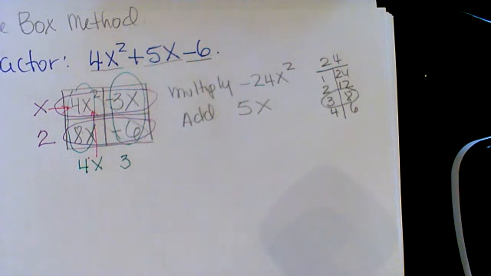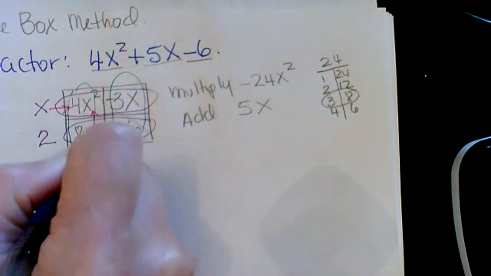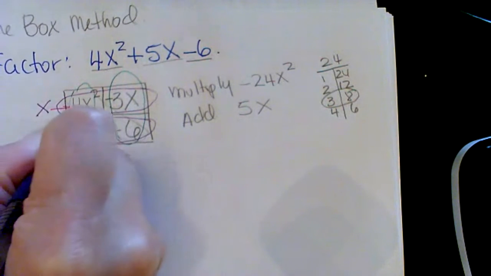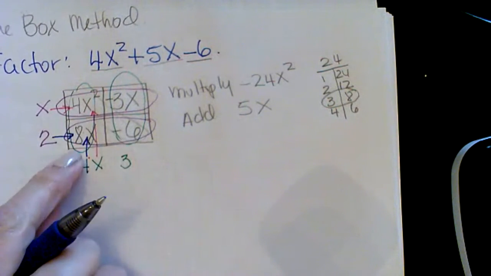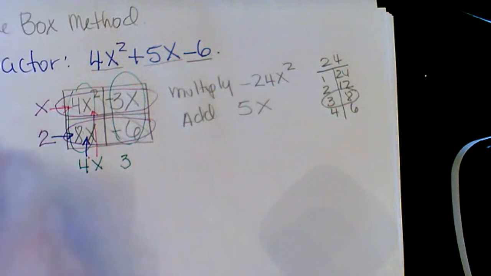Now, if I multiply 4x times 2, it gives me 8x. So it seems like we're going to have a plus here.